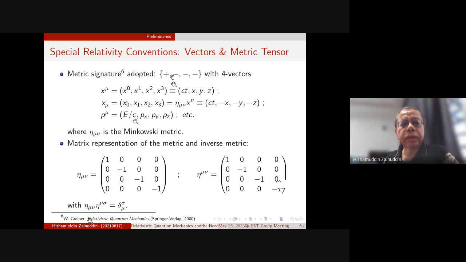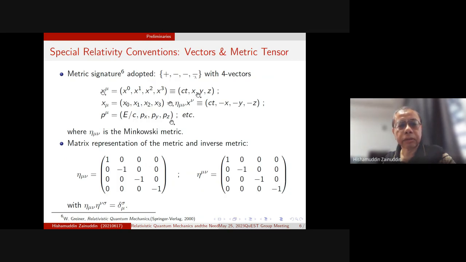So we adopt the plus referring to the time component, and minus, minus, minus for the spatial components. So you label your vectors here. Here's a position 4-vector, the contravariant 4-vector. The zeroth component will be the time, and of course, you should have the same dimension, so you multiply with c here.